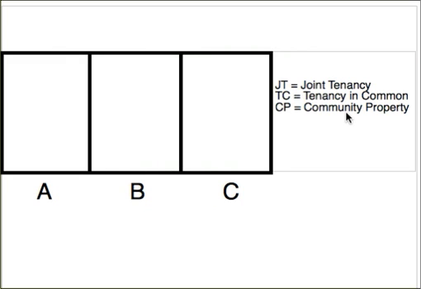Separate property is property that each spouse brings into the marriage, in addition to anything that either spouse acquires by inheritance during the marriage. So, for example, in a community property state, in particular California, earnings are considered property acquired after marriage, and are considered community property.